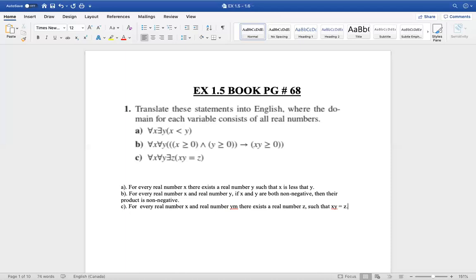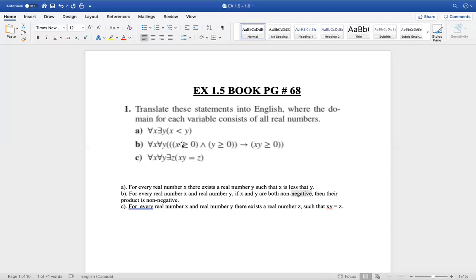Any questions? Why not just say positive instead of non-negative? No, I'm interpreting it as it is.